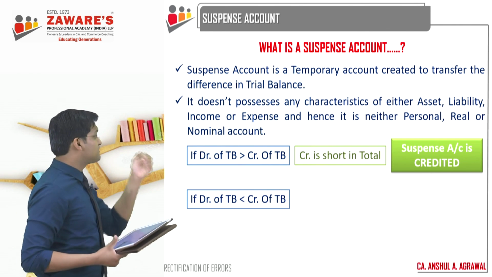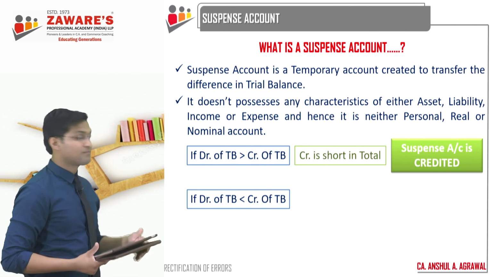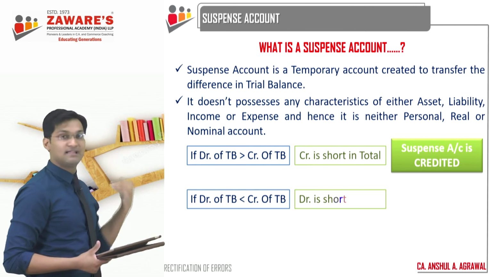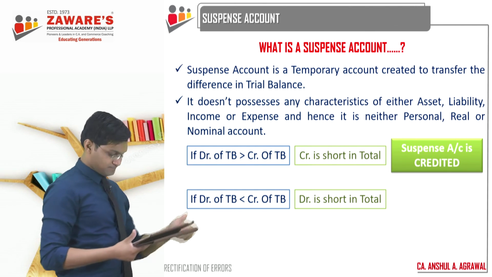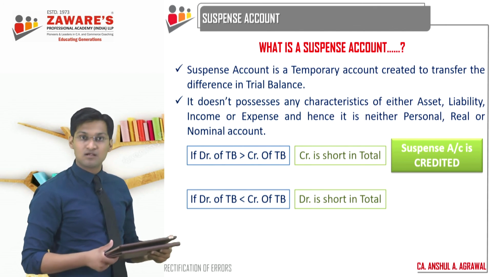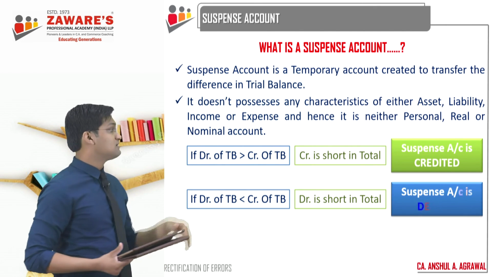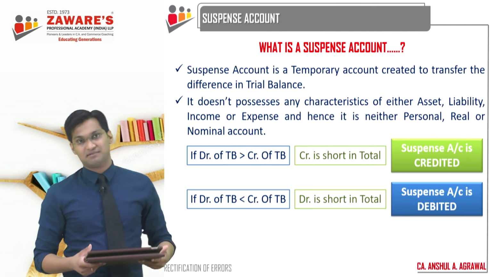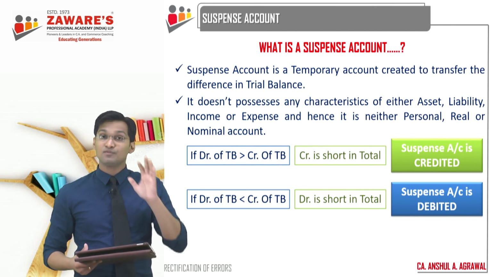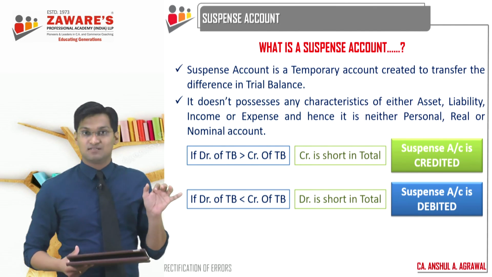Other way round, if debit is short than credit, or if credit of trial balance is more than debit, that means what can I say? Can I say debit is short in total? Yes. If debit is short in total, suspense account will be debited. Are you understanding? Lot of times MCQs are asked on this.